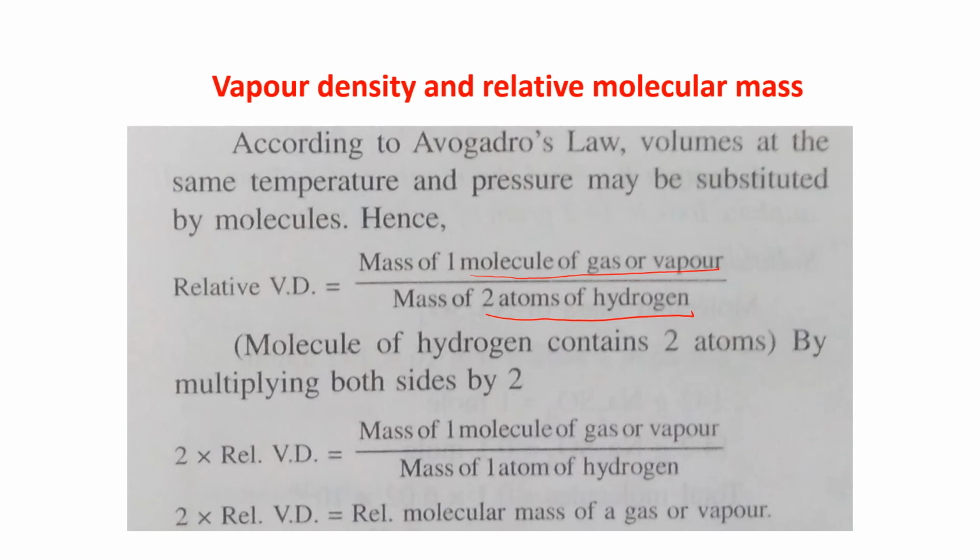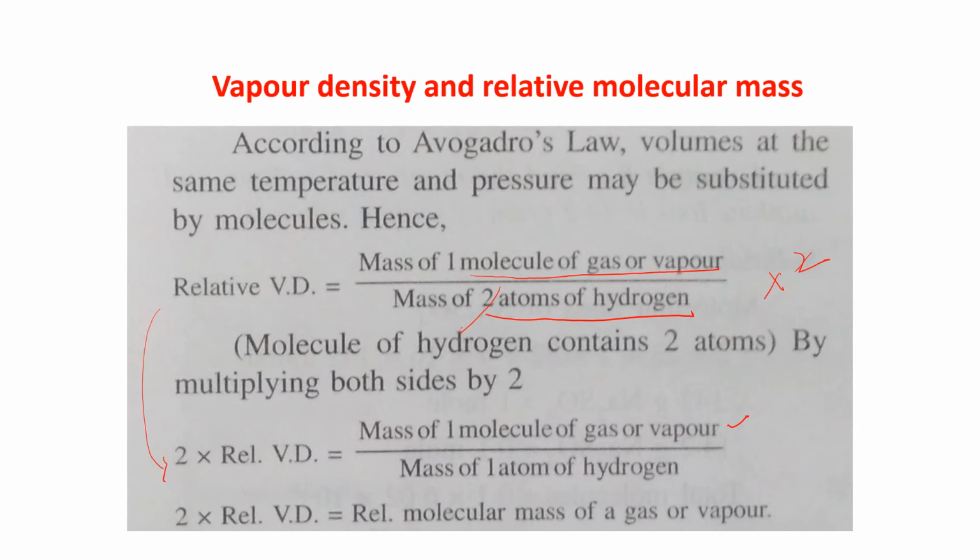So, multiplying both sides by 2, it will be 2 into relative density is equal to mass of one molecule of gas or vapor divided by mass of one atom of hydrogen, because if we multiply by 2, the 2 and 2 get cancelled.